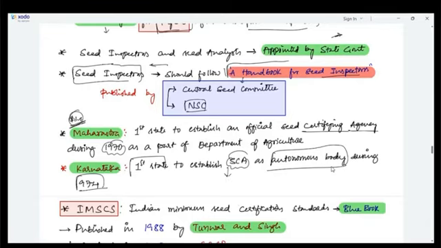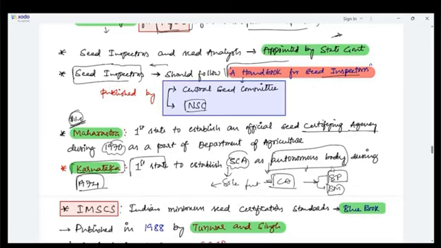This agency solely functions as a certifying agency. It has no other work to do, like seed production, variety development or seed marketing. It only looks after the certification of certified seeds. This was for the first time in Karnataka, in 1974.